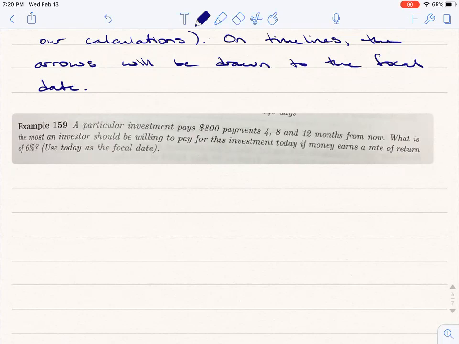Okay, so the idea is you go to the bank and they say, well, if you give us this amount, we'll give you $800 for 8 and 12 months from now. Right? And so the question is, what is the most an investor should be willing to pay for this investment today if money earns a rate of return of 6%? Use today as the focal date.